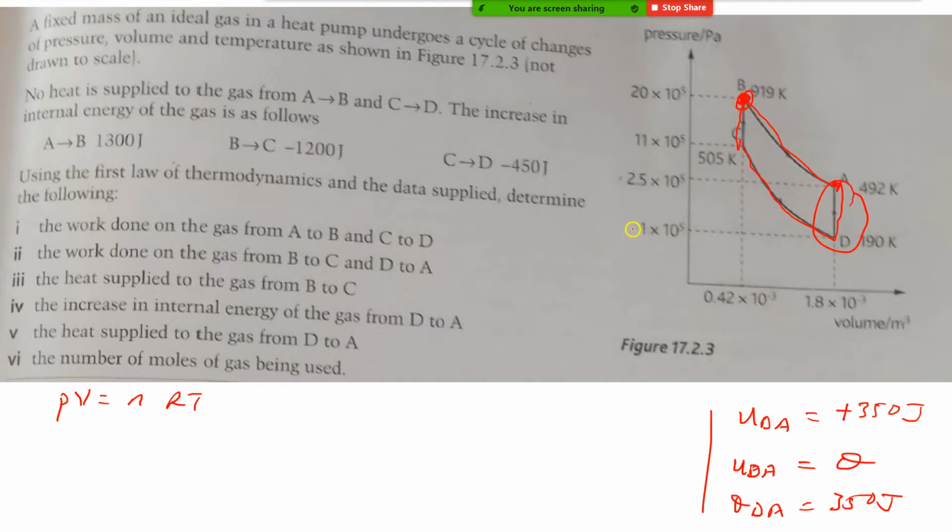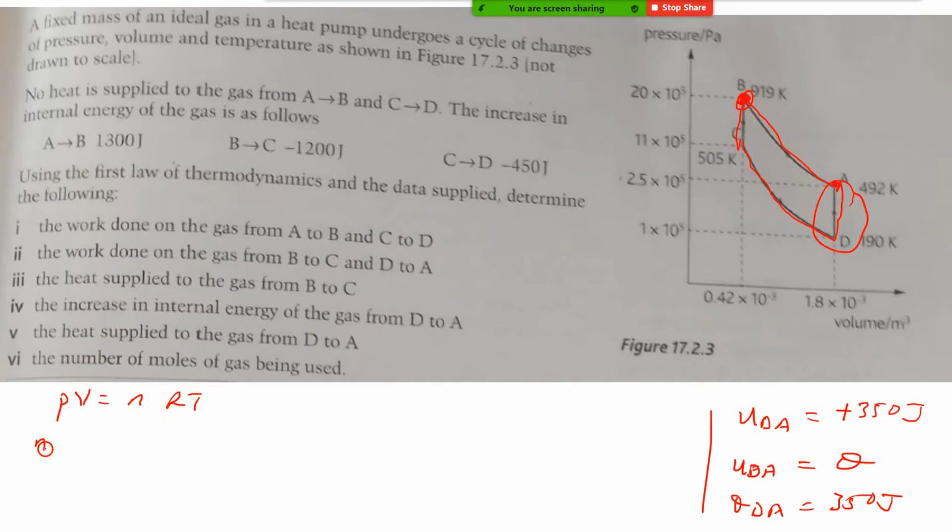Let's just imagine what is happening at B, because it's the same number of moles at B, at C, at A, and at D. So I can choose any point. Once I can read the pressure and the volume, then I should be fine.